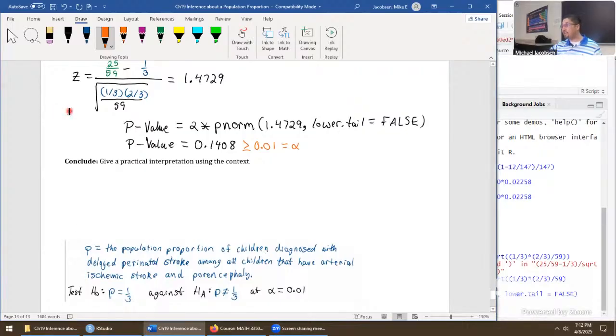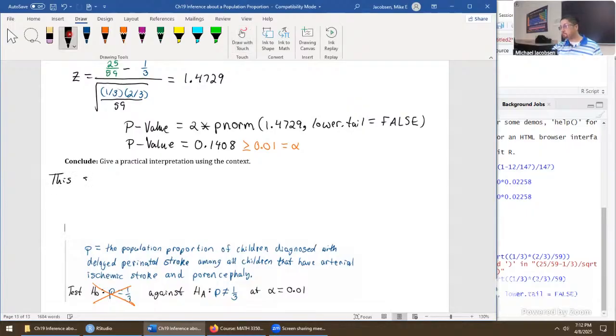Well, we did not have significant statistical data to support that hypothesis. We still don't assume the null hypothesis is true, so we have to be mindful of our conclusion. Our conclusion is that we just didn't have enough evidence to support the alternative. So we might say it in this way.